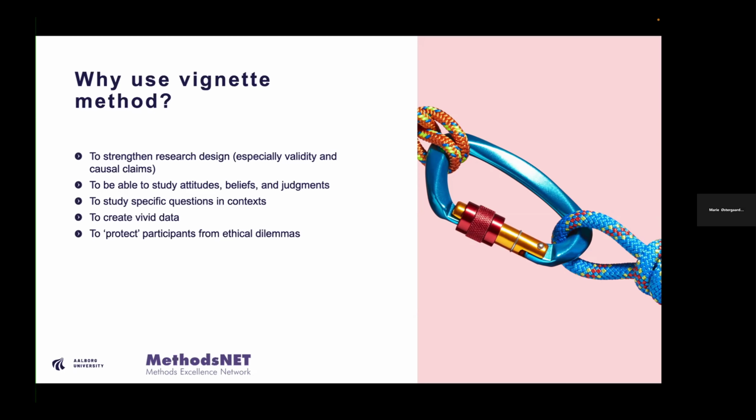And why use the Vignette method? Definitely also if you want to study very specific questions in context, the role of professional experience in a collaborative context, for example, or it could be in many different kinds of particular contexts.